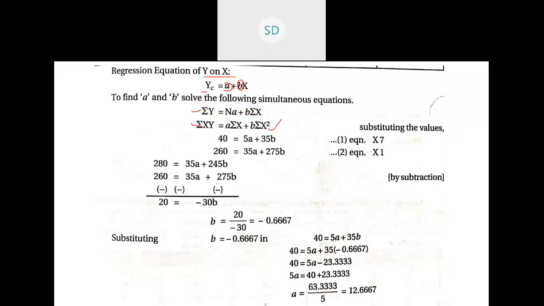Now let us substitute all the values into the equations. 40 is equal to 5a plus 35b. And then the next equation is 260 is equal to 35a plus 275b.